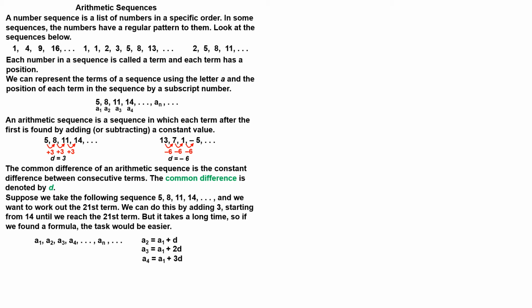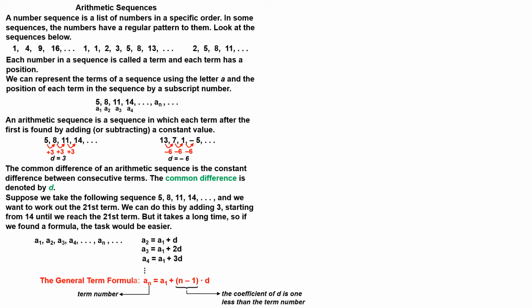And so on. At each stage, the common difference was multiplied by a value that was 1 less than the index. Following this pattern, the nth term, a sub n, will have the form a sub n equals a sub 1 plus n minus 1 times d. This is the general term formula.